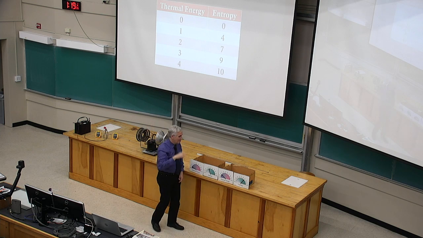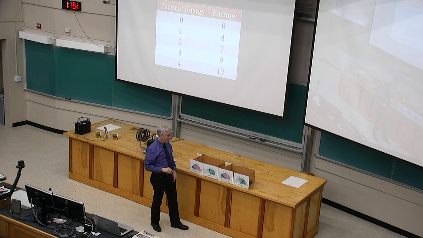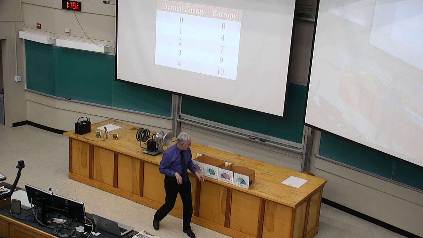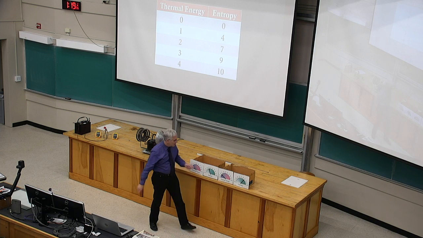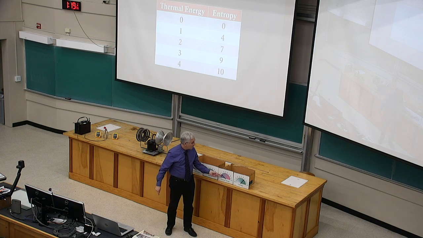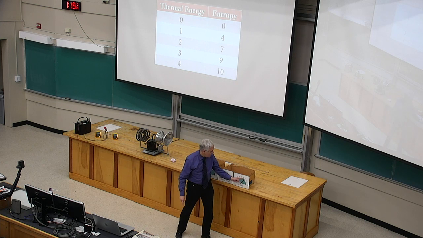Think before I do it. I made it unnecessarily complicated, and I'm undoing that. So on the left side, I've adjusted the dials. The right side, I dropped off 2 units of thermal energy. That increases the entropy from 7 to 9 for the first unit of it, and 10 for the second unit.